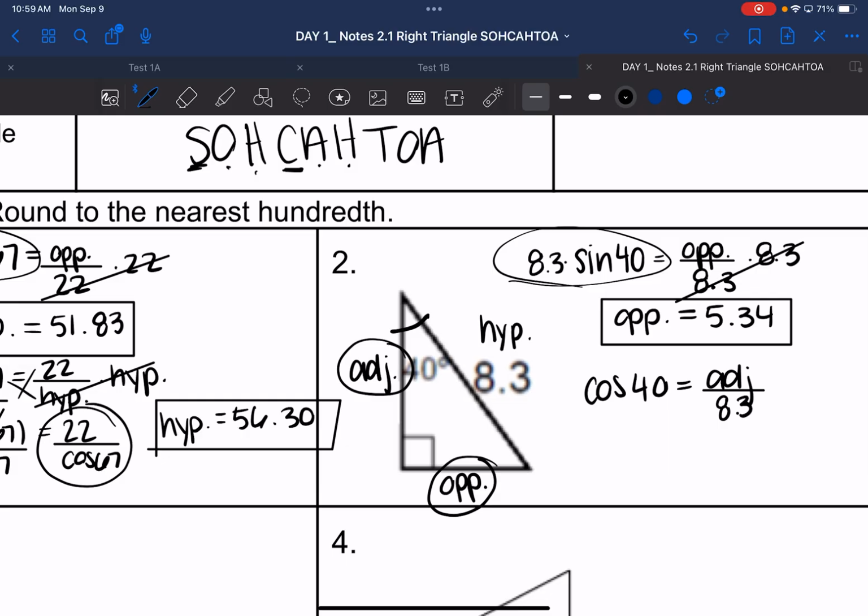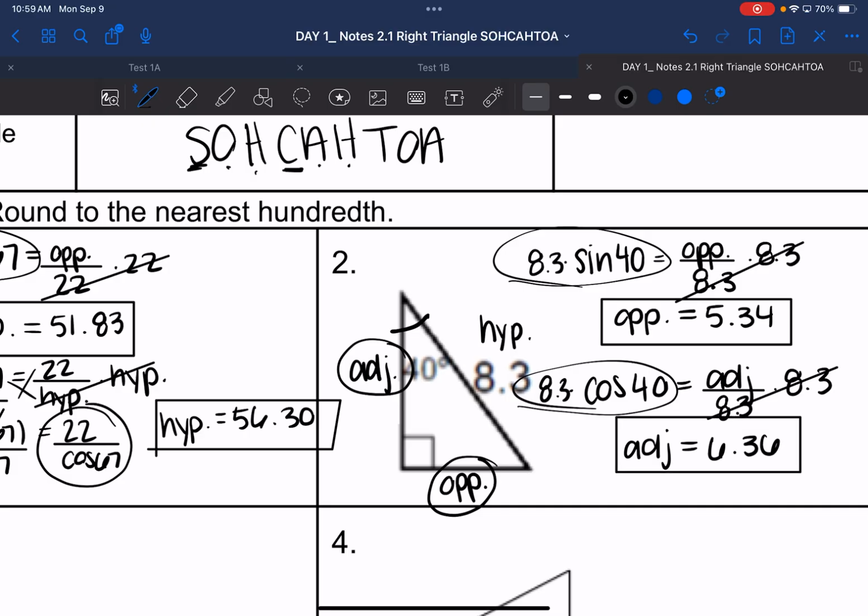Okay, well again, what am I going to do to solve? Multiply. So I multiply both sides by 8.3. These divide out. So this is what I put in my calculator. And what are we going to get for the measurement of the adjacent side? 6.36. Good. Nice.